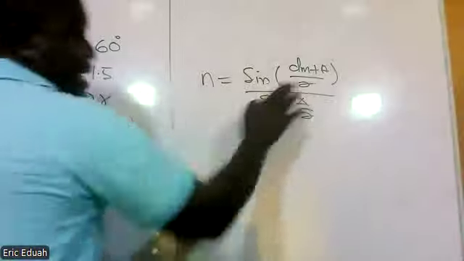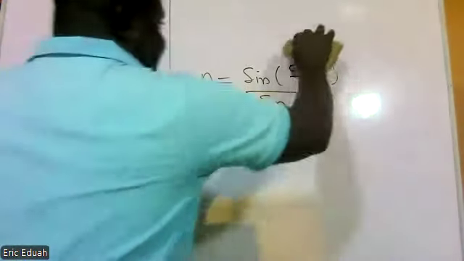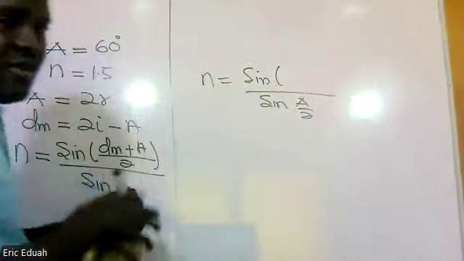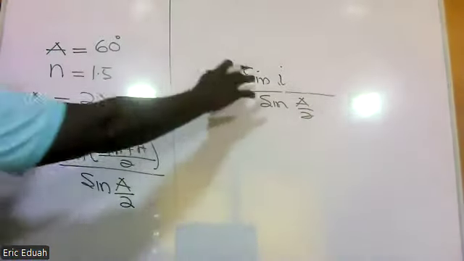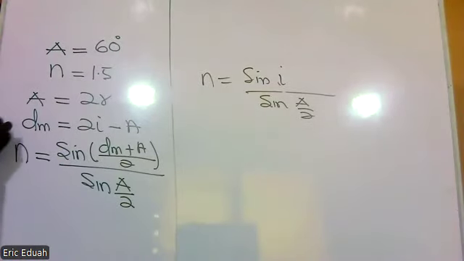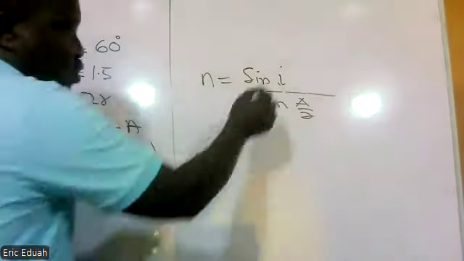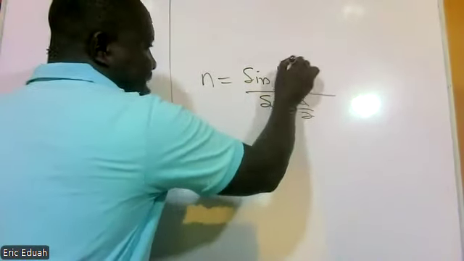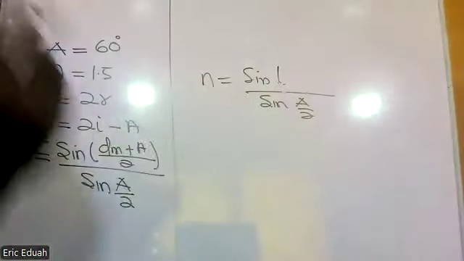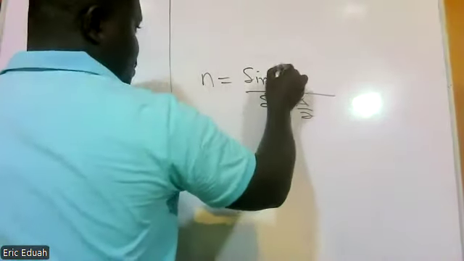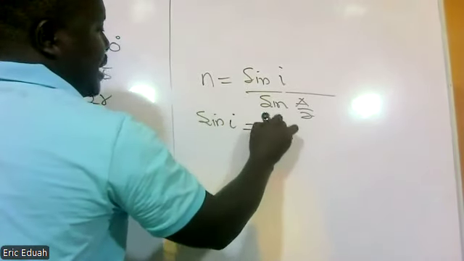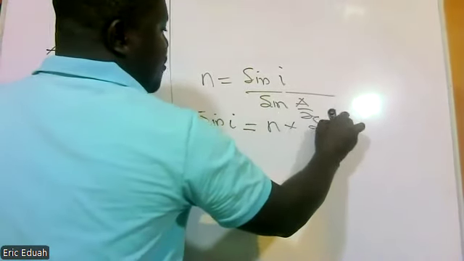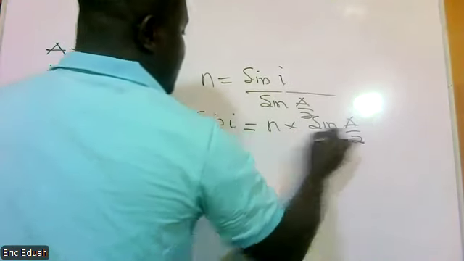Here, instead of writing this as (dm plus A) over 2, I will simply make it I and find I so that I can use this equation to find dm. If you also choose to represent I as (dm plus A) all on 2, you are not wrong. Okay. So this sine I is equal to n times sine of A on 2.